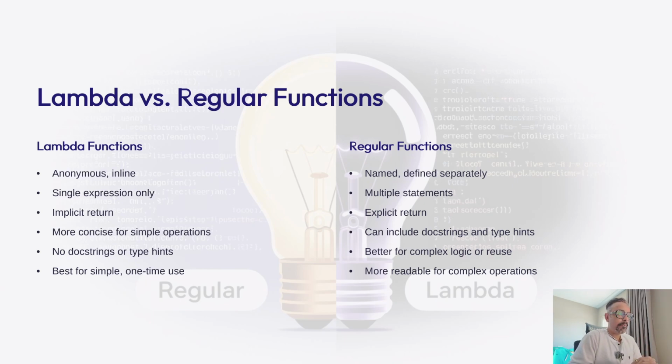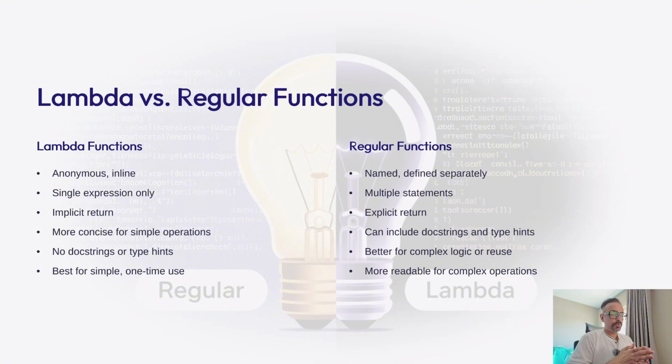So lambda functions are ideal for simple operations that can be expressed in a single line, as we saw, as they are anonymous and defined in line with an implicit return of the expression value. Regular functions, on the other hand, are better for complex logic requiring multiple lines of code. They have names, can include docstrings and type hints, and allow for more readable implementation of complex operations.